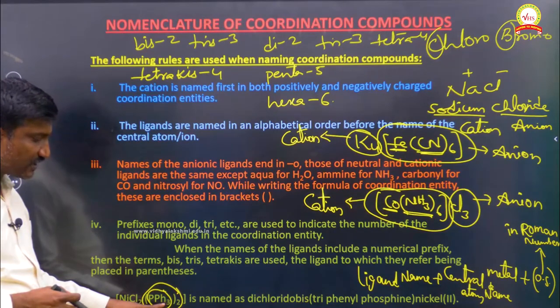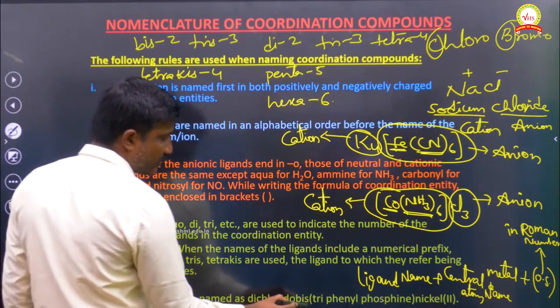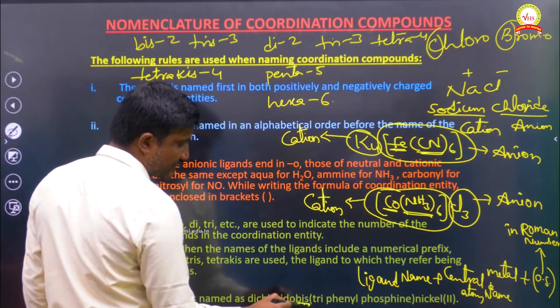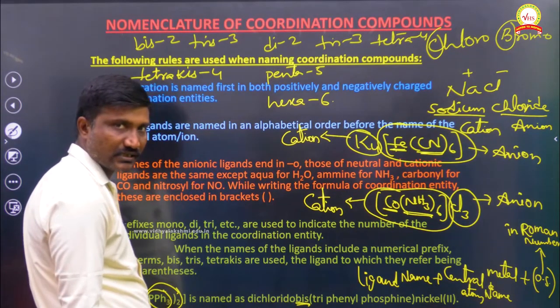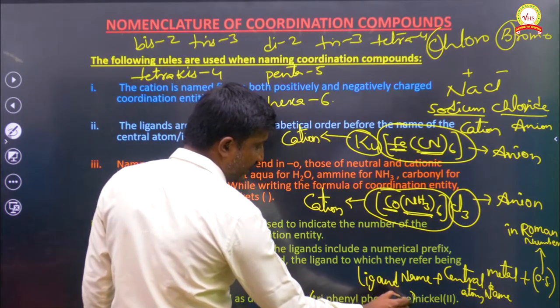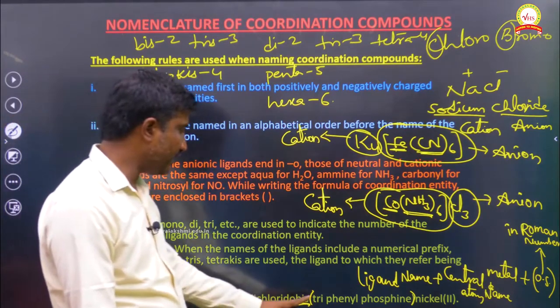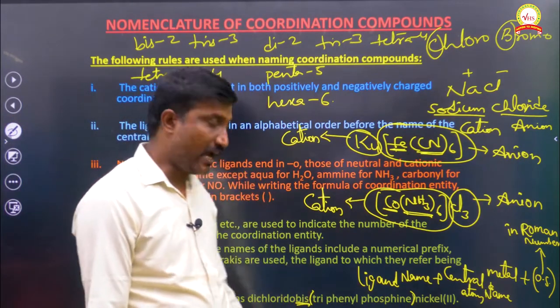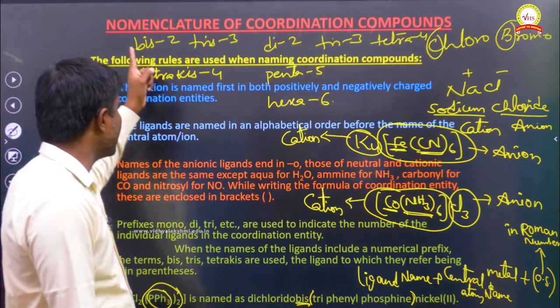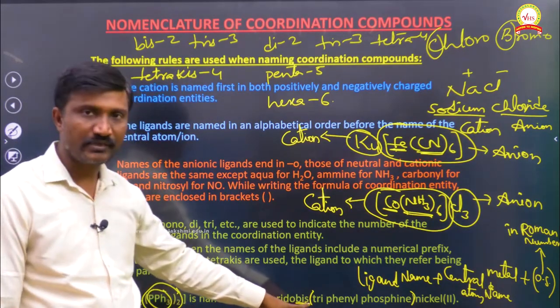If a number subscript is there, then for that ligand name the repetition we have to represent as bis. And that ligand name we should indicate in bracket, and the repetition we mention like this: bis, tris, tetrakis. Here 2 times there, so bis.